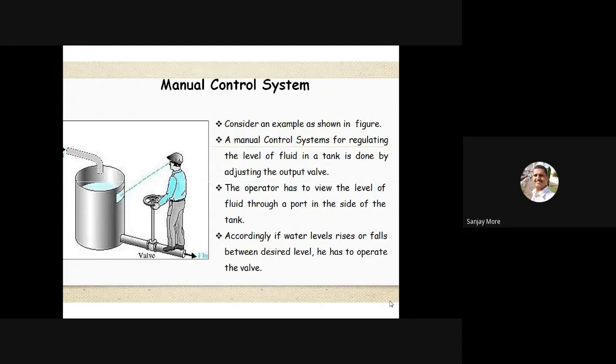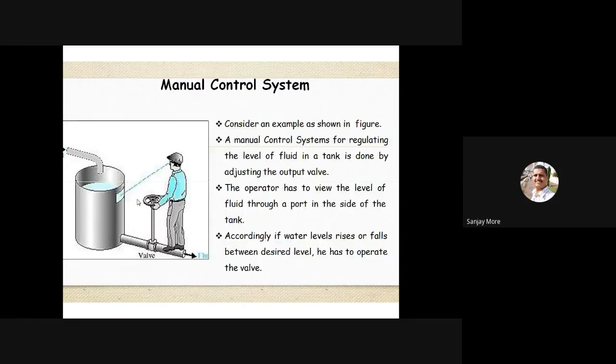The operator has to view the level of fluid through a part on the side of the tank. Here the operator sees how much water is filled in the tank, then accordingly controls the water supply to fill the tank. According to the water level rising or falling from the desired level, he operates the valve. Okay.